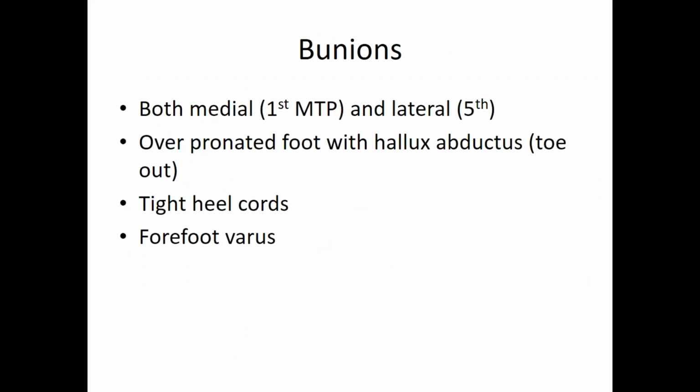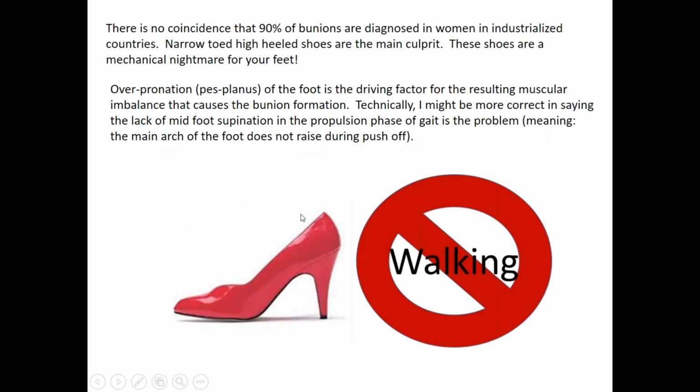What about bunions? Both medial, which is the first, and the lateral, which is a regular hallux valgus bunion and a Taylor's bunion, can be very troublesome, obviously, in some individuals, and it's very prevalent, to be honest with you. Now, what happens is, no coincidence, 90% of bunions are in women, and some of you cross-dressing men that have to wear the high heels on Saturday nights.